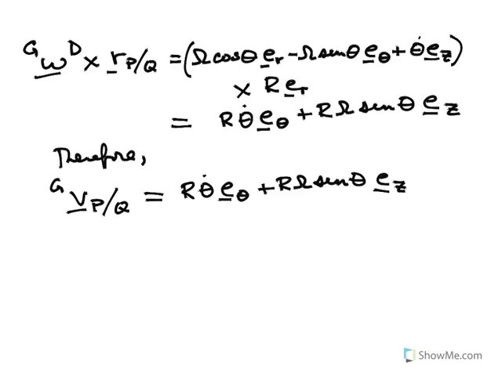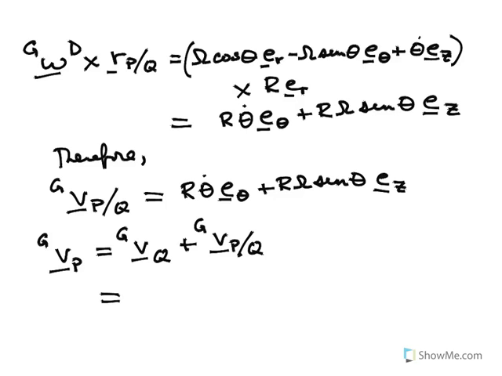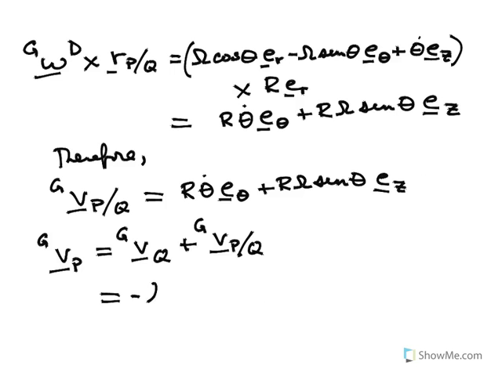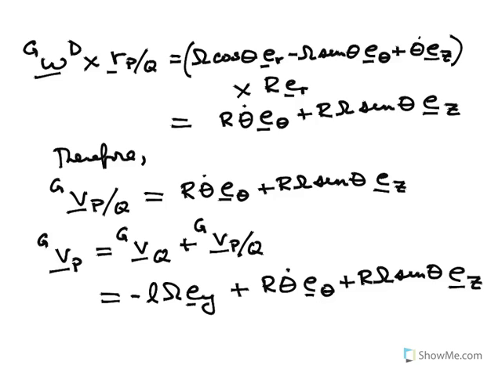which tells me that the velocity of point P as viewed by an observer fixed to the ground, which is equal to the velocity of Q as viewed by an observer fixed to the ground plus the velocity of P relative to Q as viewed by an observer fixed to the ground, is equal to, well, the velocity of Q is minus L omega Ey, and then I've got plus R theta dot E theta, and then plus R omega sine theta Ez.